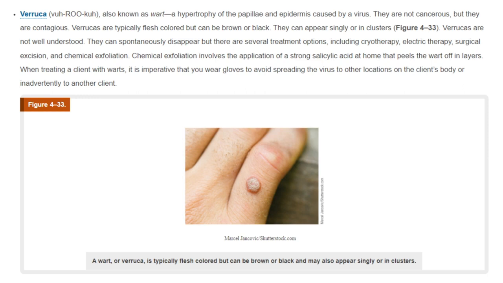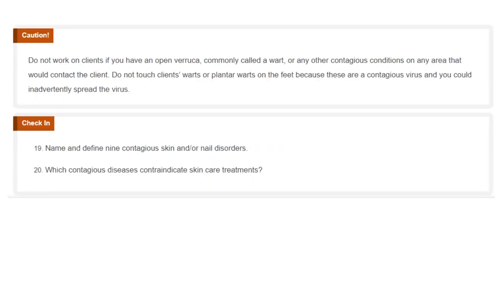They can spontaneously disappear, but there are several treatment options, including cryotherapy, electric therapy, surgical excision, and chemical exfoliation. Chemical exfoliation involves the application of a strong salicylic acid at home that peels the wart off in layers. When treating a client with warts, it is imperative that you wear gloves to avoid spreading the virus to other locations on the client's body or inadvertently to another client.